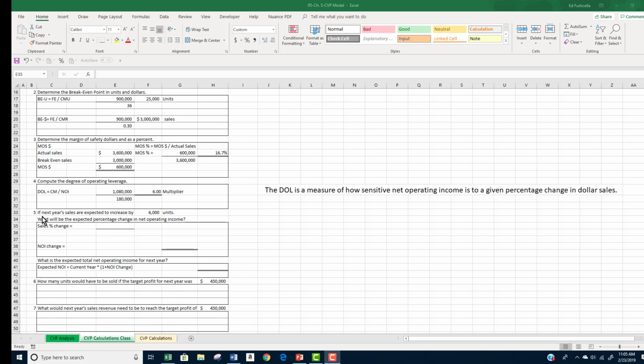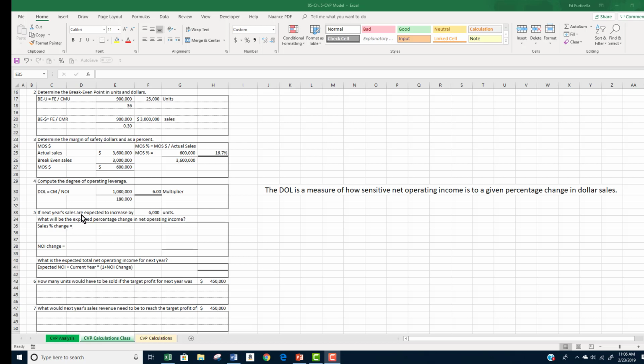In part 5, it says, if next year's sales are expected to increase by 6,000, what will be the expected percentage change in net operating income? And then ultimately, what is the expected total operating income for the next year? To do this, you have to convert this 6,000 into a percent change.